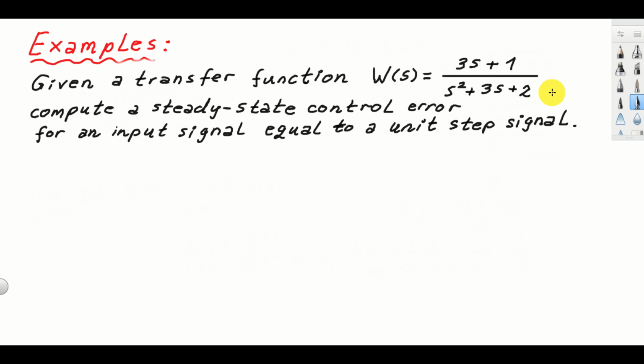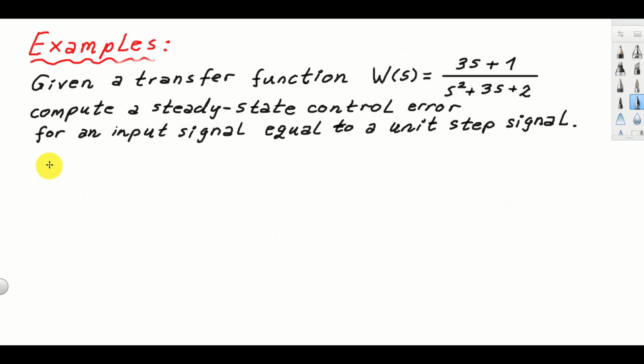Here's the second example that illustrates the application of the final value theorem. The example goes like this. Given a transfer function W(s), given over here, compute the steady state control error for an input signal equal to a unit step signal. Let's solve this example. To solve it, first you have to recall what a transfer function is.